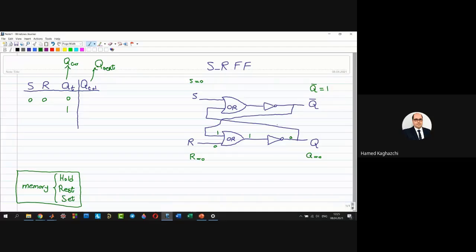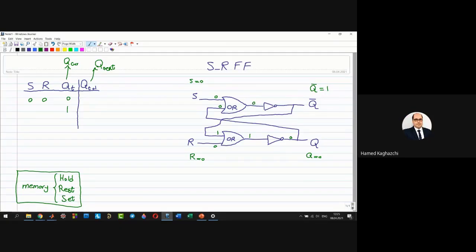This 0 from this line and the signal comes to the input of this gate, 0. What is the value of S? 0. We said that's 0. What is the output? 0.